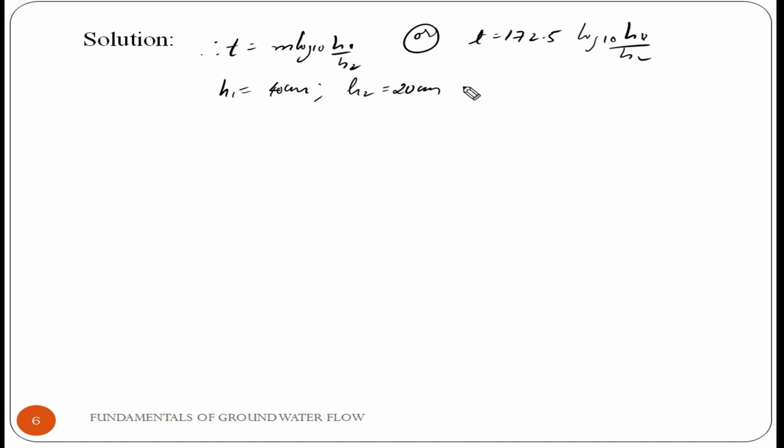So for t minutes, t is equal to 172.5 log to the base 10 40 divided by 20. So the t value it is coming around 51.9 minutes.